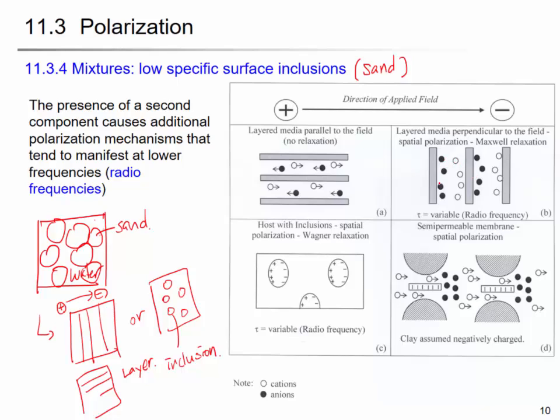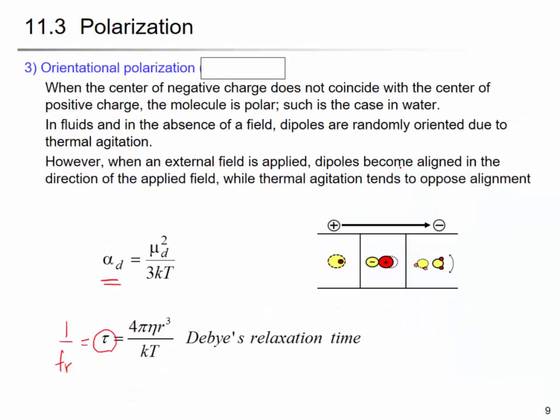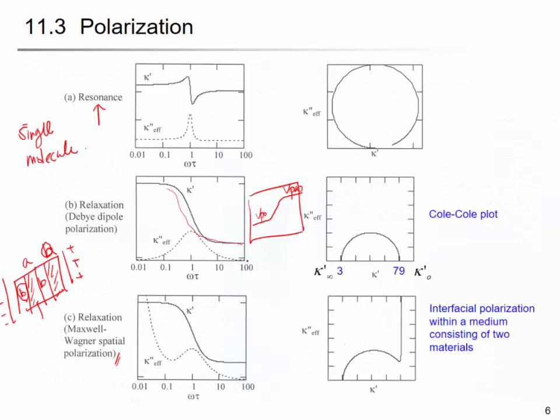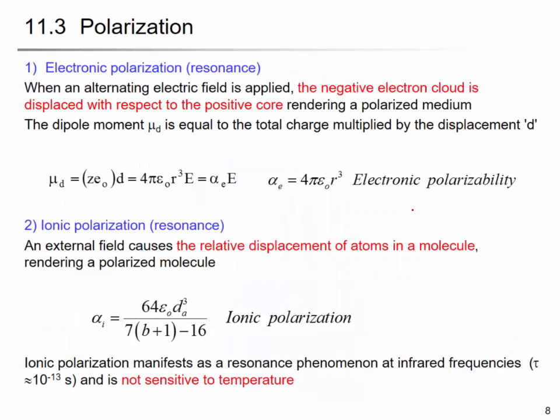Right? So then you have spatial polarization. So the water is highly polarized, but the sand particle, because it's dielectric and crystal, is less polarized. Right? In this case, the Maxwell relaxation, and you see that this spectrum can be applied. We'll see that in a minute.